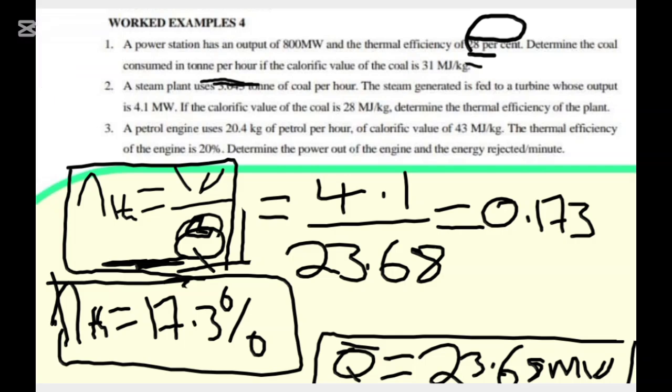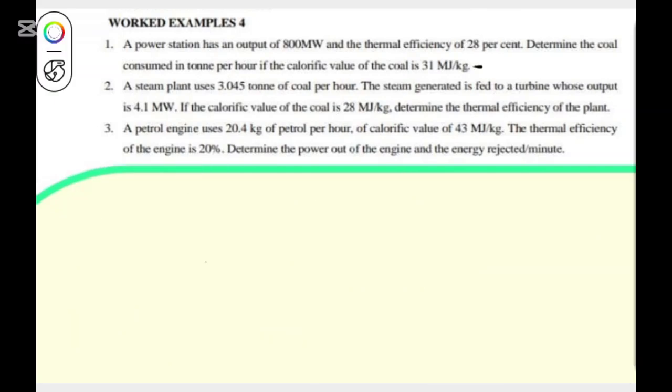So this is the solution to the second question. Let's move to the next question. A petrol engine uses 20.4 kg of petrol per hour, with a calorific value of 43 megajoules per kg. The thermal efficiency is 20%. Determine the power output.